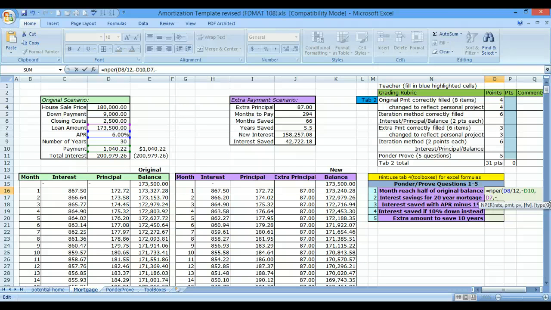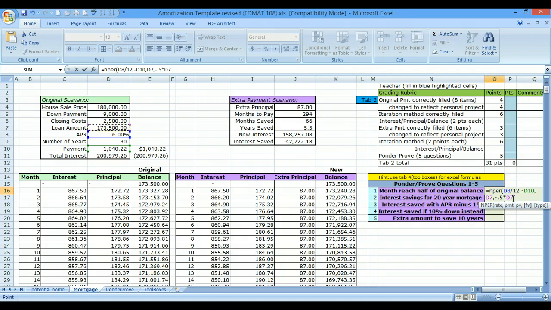And this is half of the original balance, so I'm going to type in 0.5 because I want it to be half, and 0.5 is half of, which is times, the loan amount. And that'll give me the number of periods for my future value to be half of the original, and I typed in or cell referenced everything else, and it looks good.